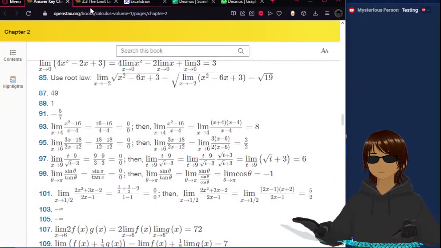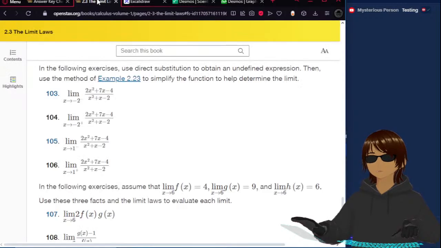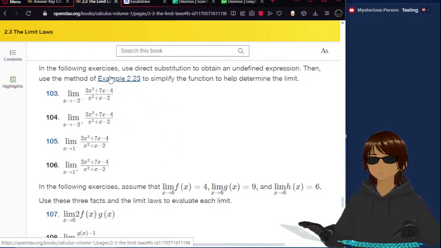Let's say the answer. 103. It just says negative infinity. Let's see how they did it here.